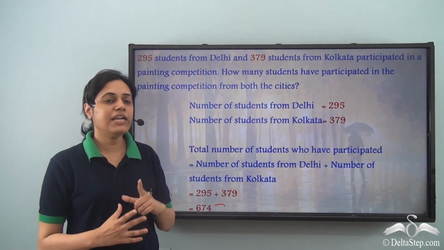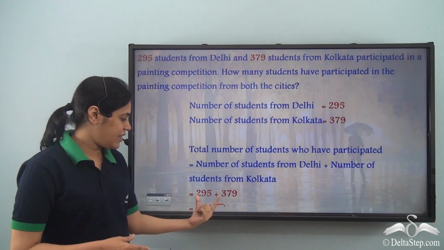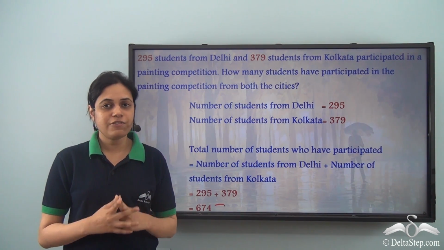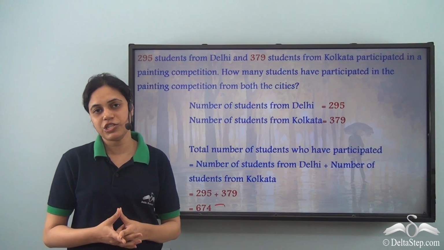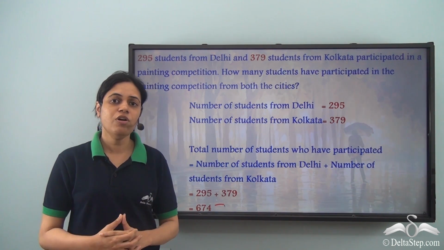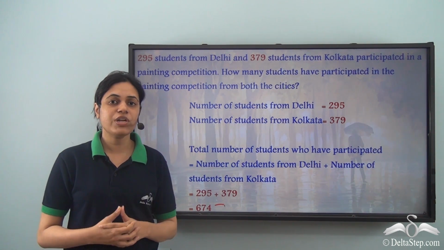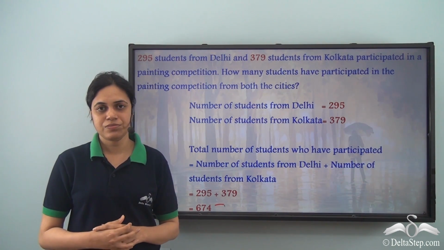We need to decide whether we need to add the given quantities or subtract them, and then we perform the respective operation. The difference is that over here the numbers are 3-digit numbers and we can easily add them because now we know how to add 3-digit numbers. So practice more and more word problems having 3-digit numbers.